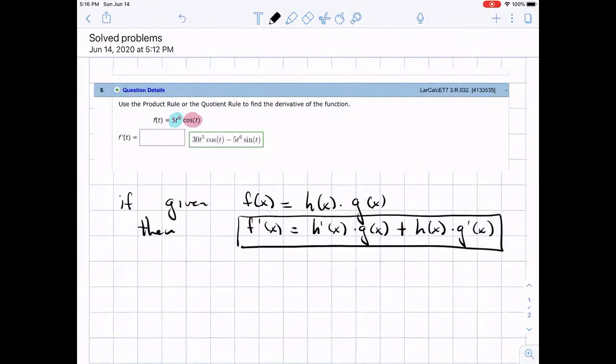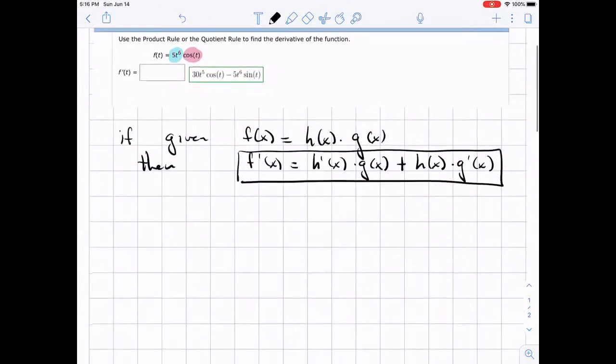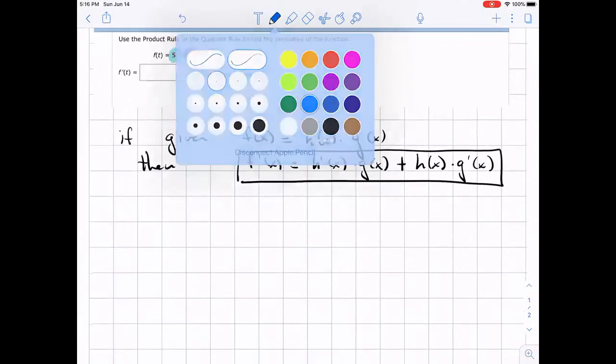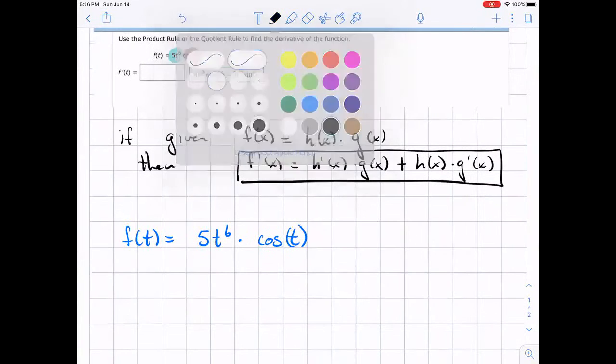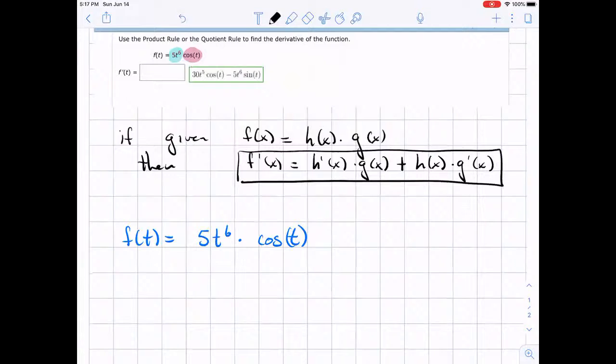It's the product. So in your example, what's given to you, f of t is equal to 5t to the 6 times cosine of t. To clarify this, I'm going to call this function h of x, and I'm going to call this function g of x.